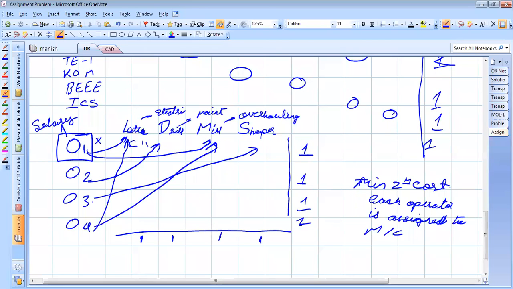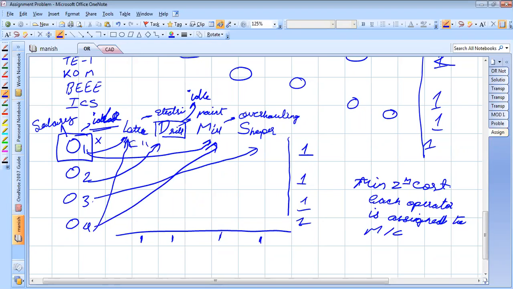So he should not be kept idle. If he's kept idle, then we are wasting the cost associated with his salary. Got it? And if you are not allocating him any machine, at the same time some machine will also get idle, isn't it?